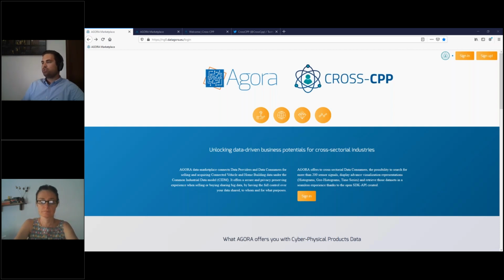We are going to concentrate on the middle, which is Agora, the Cross-CPP data marketplace, and then we will move to the right side of the presentation. Initially we have vehicles and buildings, and as Christian said, they have proprietary backends. We don't deal with those; they develop them by themselves. What we do is offer an open API specification to connect to cloud storage.